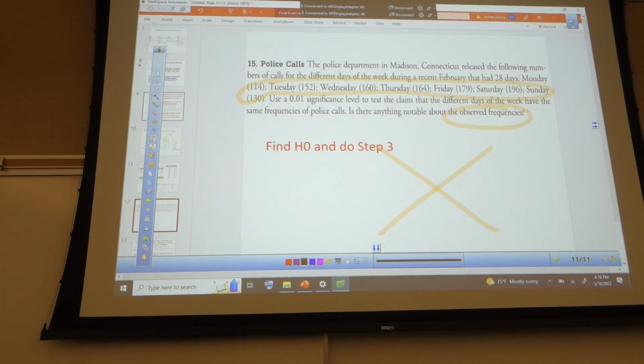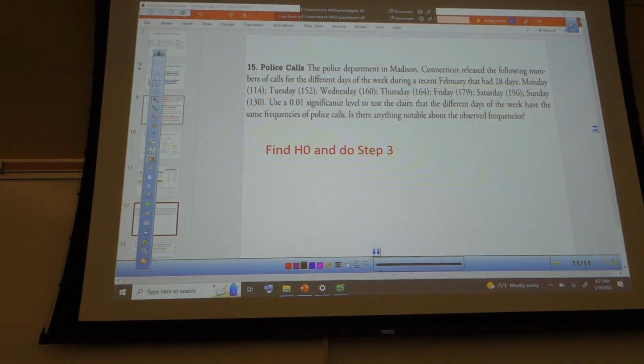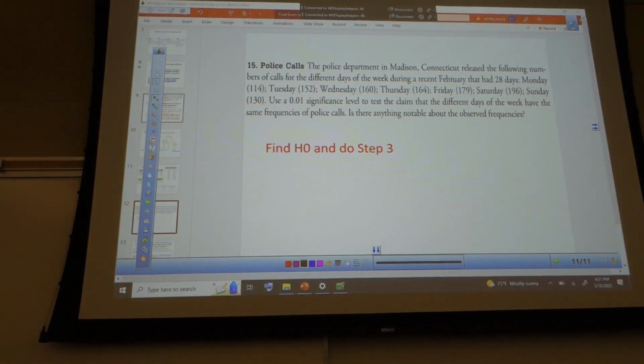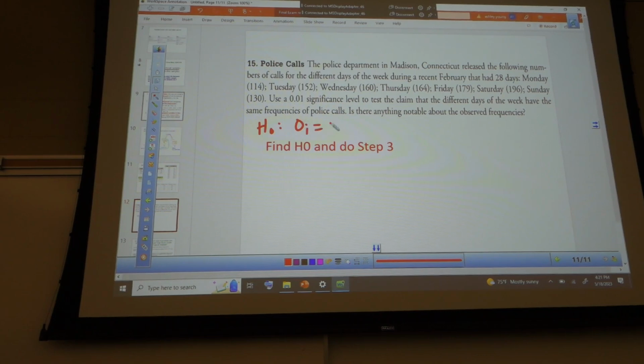So please take a few moments and just do the test real quickly. Actually, just do H naught and step 3. Let's just do that. We'll shorten it up. Okay, so what's our H naught for this one? O sub i equals E sub i. Yep, O sub i equals E sub i. Everybody all good with that part? Yeah.